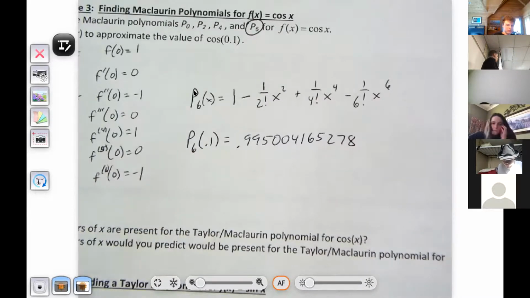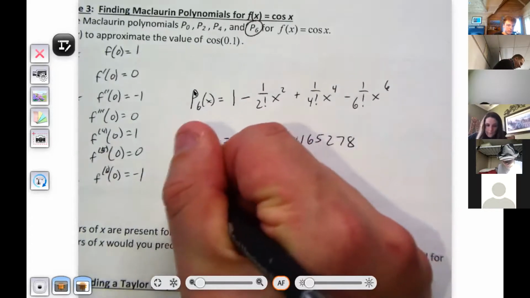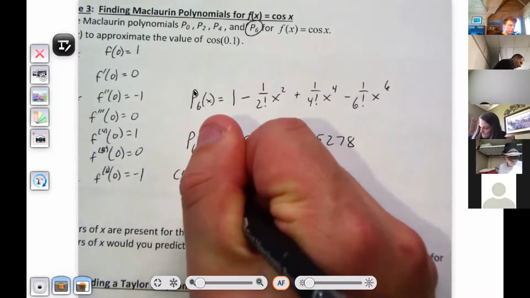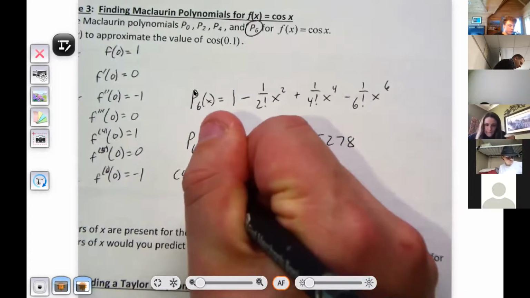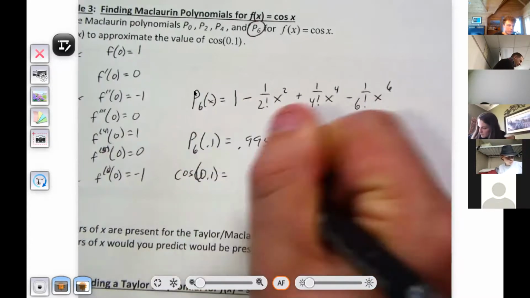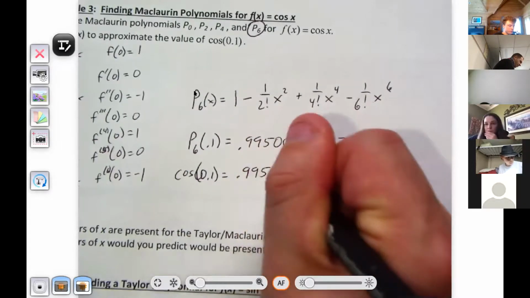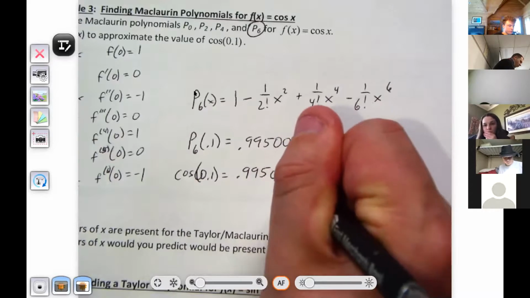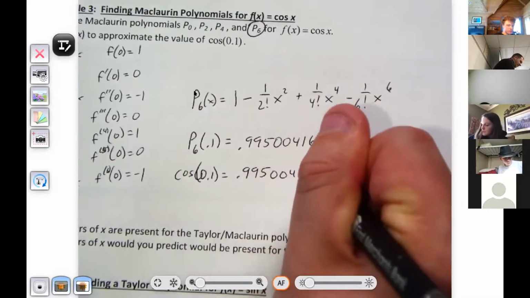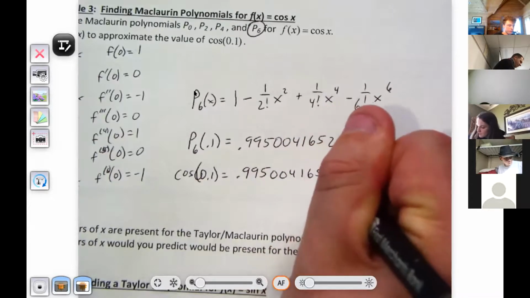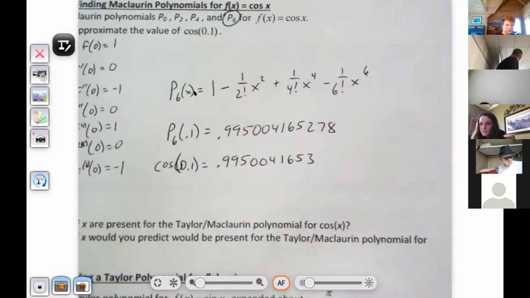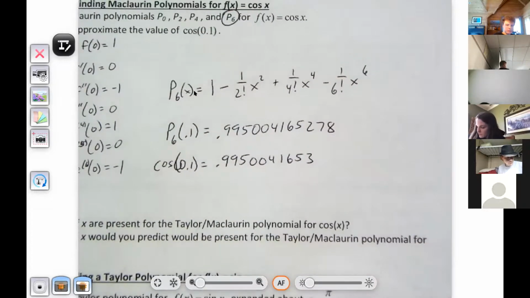Well, prepare to be amazed, because cosine of 0.1 is 0.990041665. I don't know why I stopped there, but that's where they start to differ.